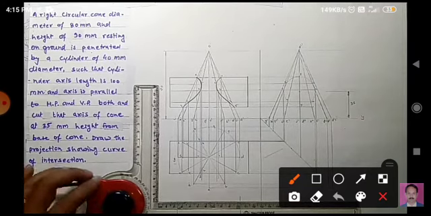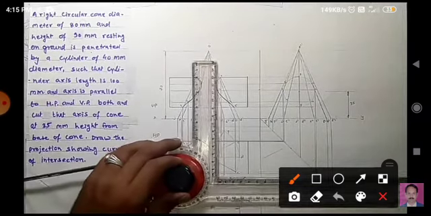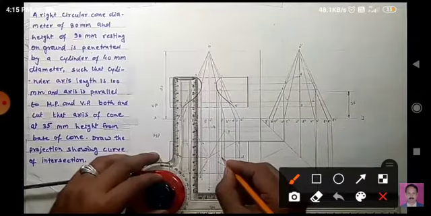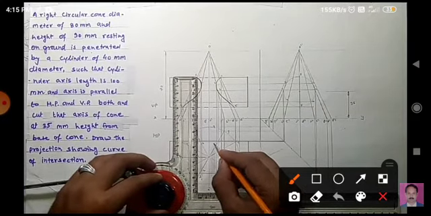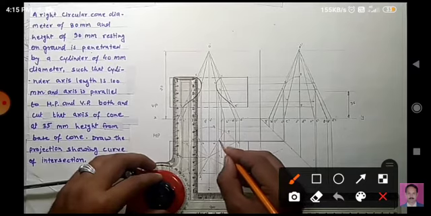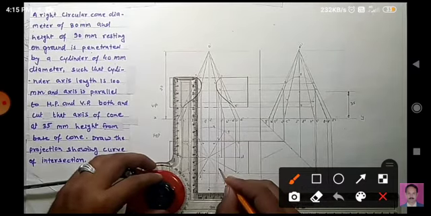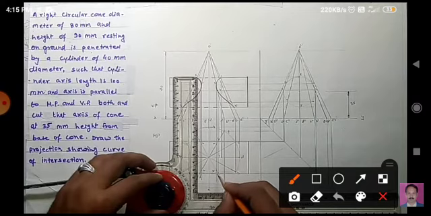Okay, now again you have to join all these points with the French curve. Same points you have to take, there is no change in the points. Okay, shift all the left side points to the right side, there is no change because this is a symmetric figure.